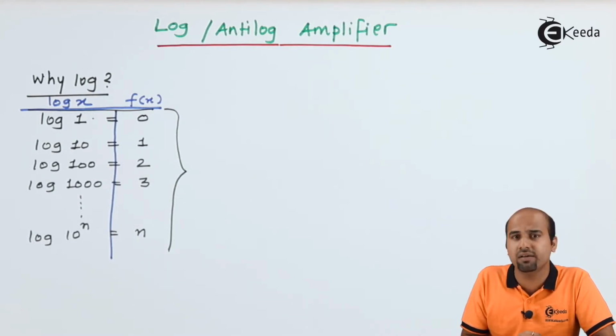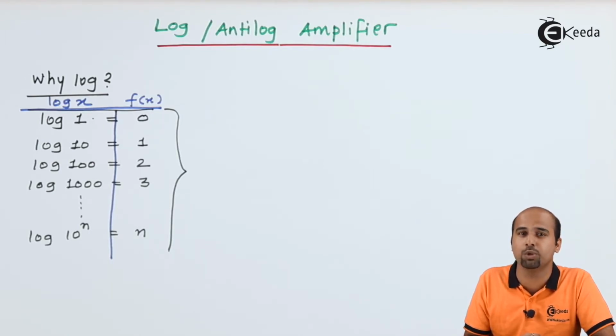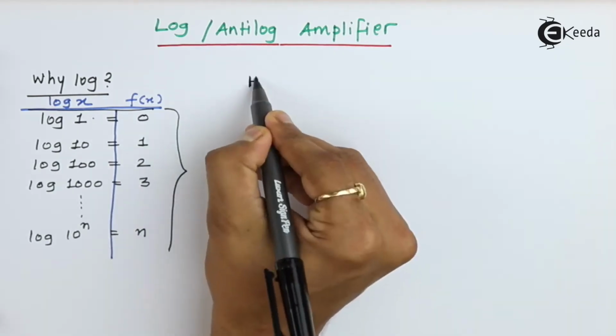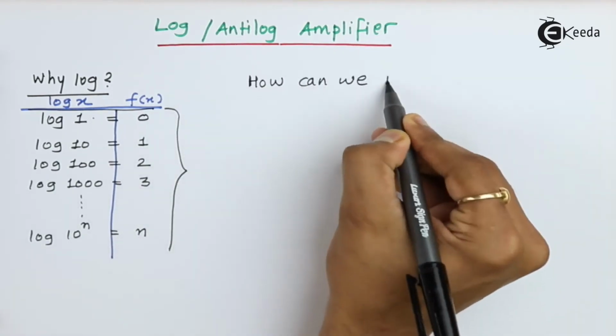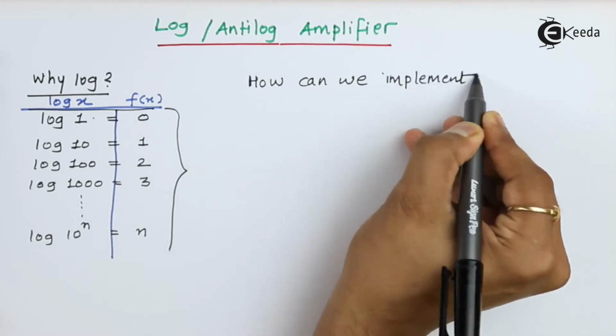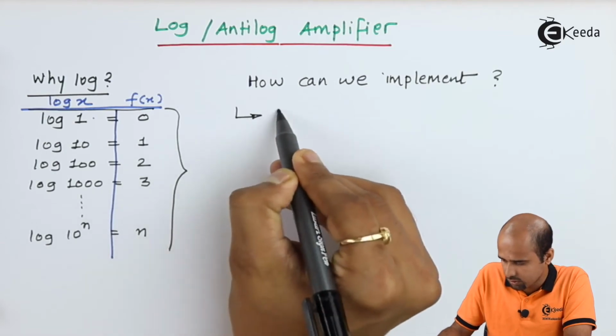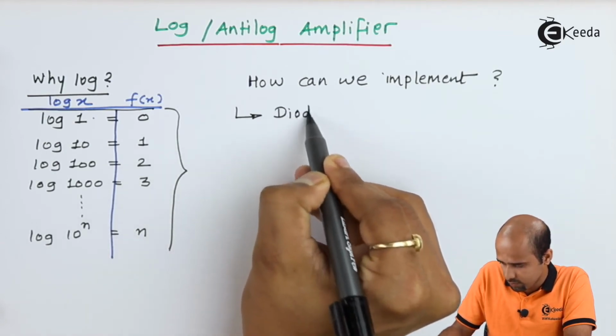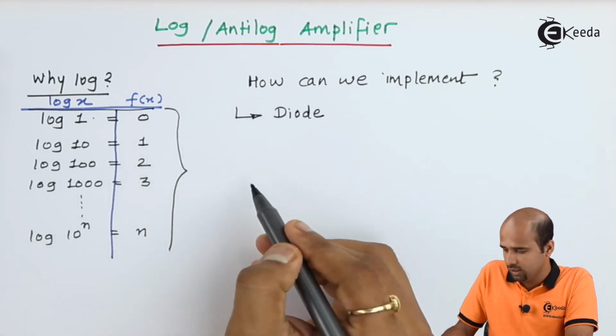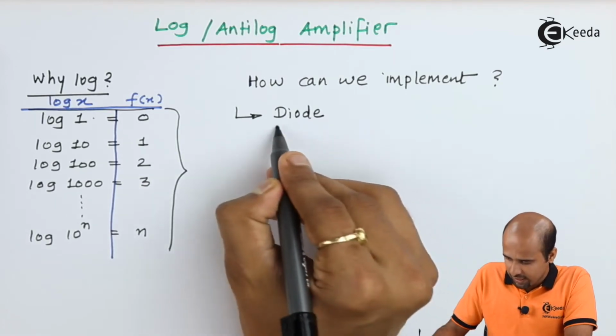Next question in your mind is how we can implement this log amplifier using an operational amplifier. The very basic fundamental of the diode is very useful in this circuit. The concept is with the diode.